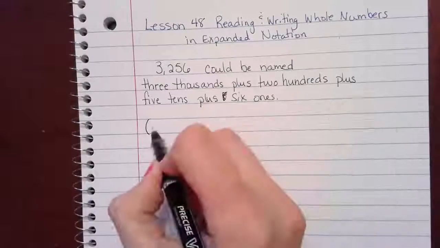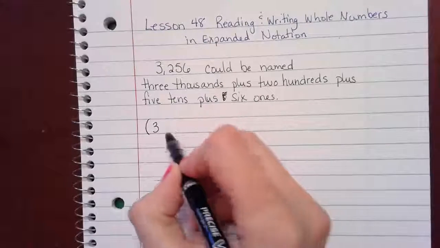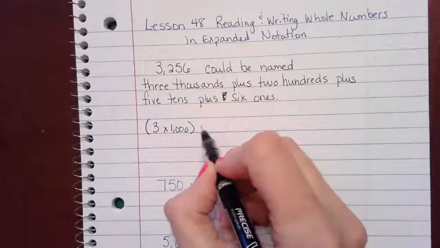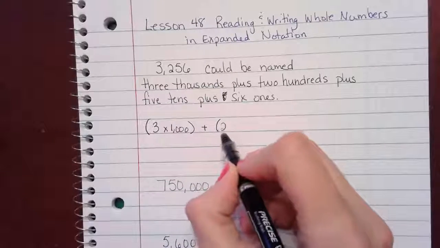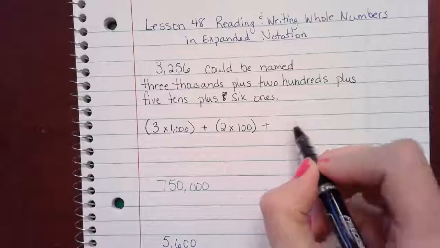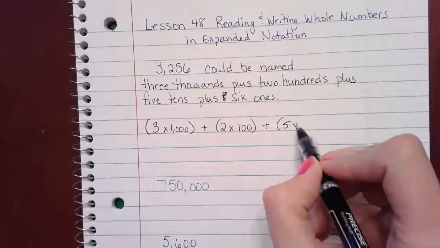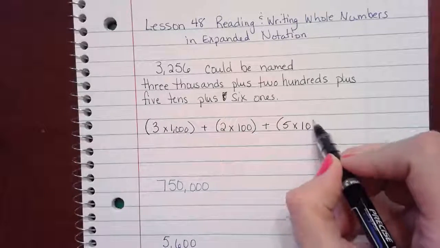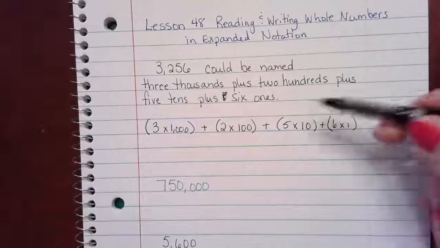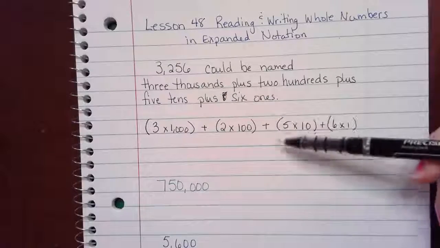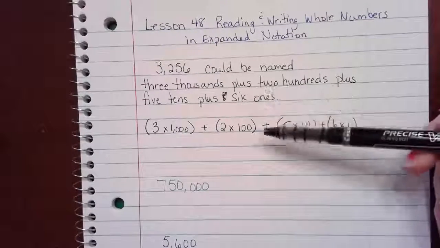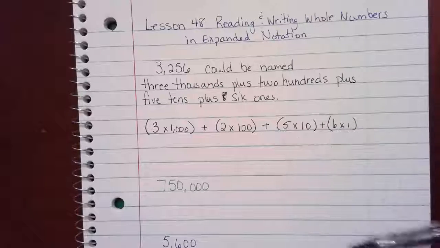In notation we use parentheses because we're going to write 3 groups of 1,000 plus 2 groups of 100 plus 5 groups of 10 and 6 groups of 1. And that's how you convert 3,256 into expanded notation. So from standard form to expanded notation.